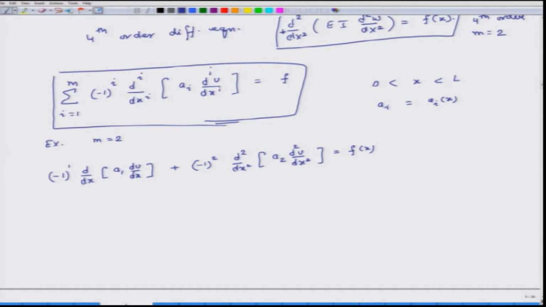Okay. Now, if a1 equals 0, then I get an equation for the Euler-Bernoulli beam.